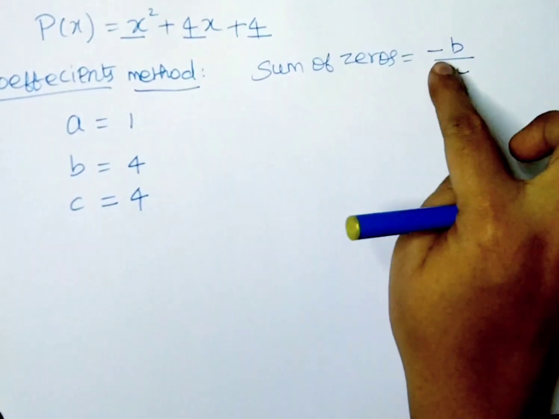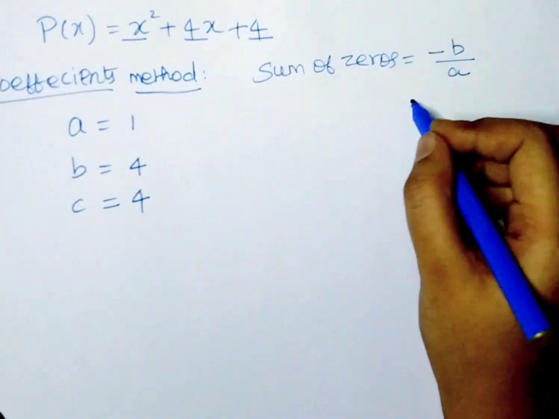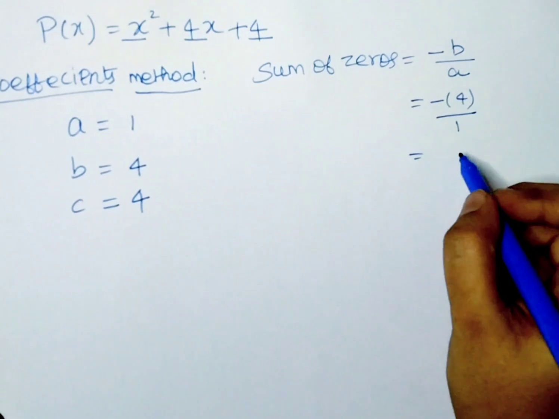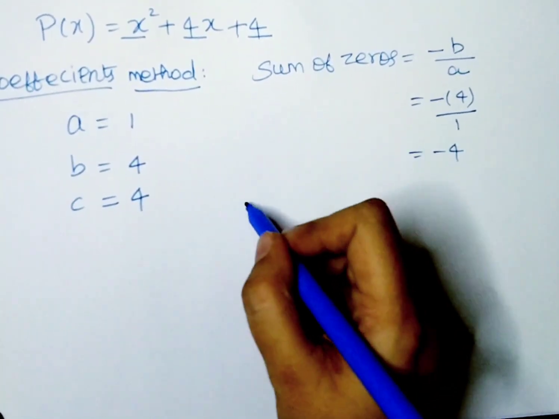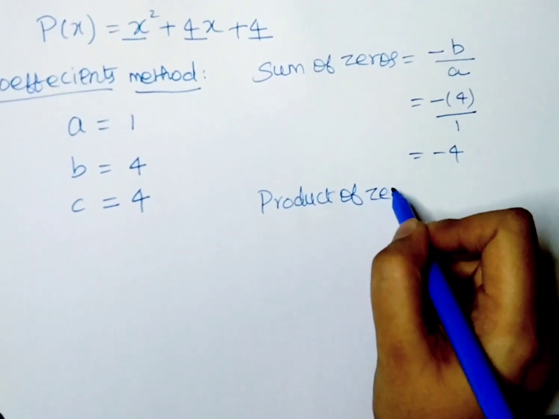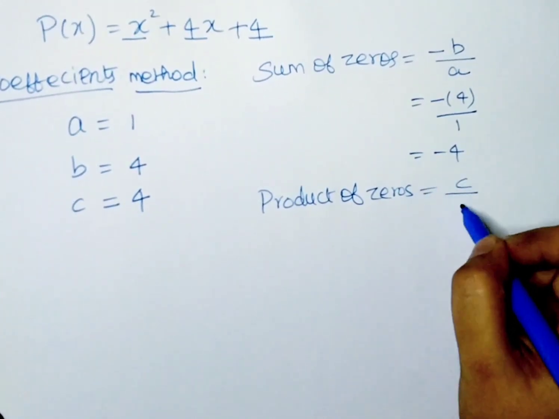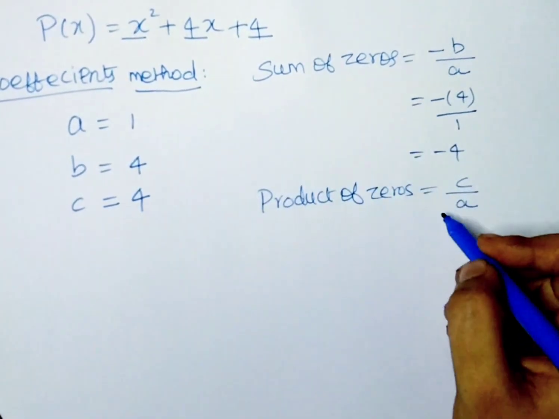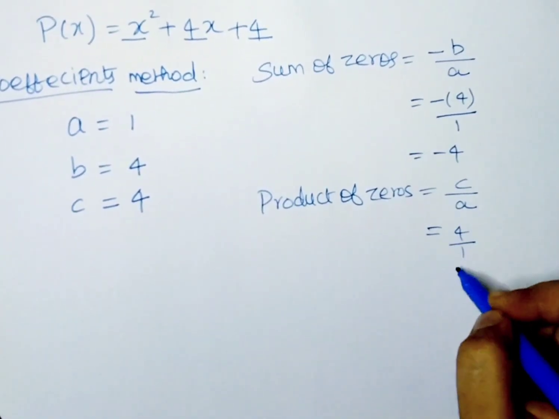If you already have minus, then minus of minus is written. Here it is plus 4, and in brackets you substitute the denominator, so it is minus 4 by 1, which is minus 4. Product of zeros is c by a, the constant divided by the coefficient of x square, that is 4 by 1, which is 4.